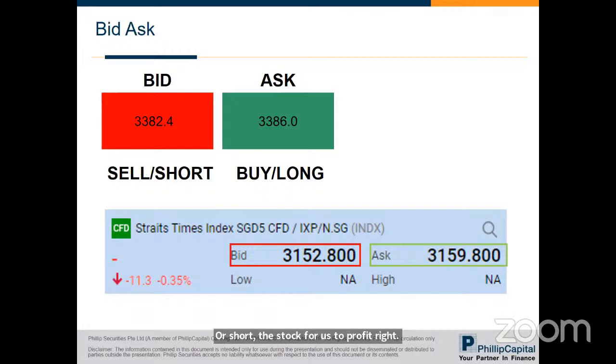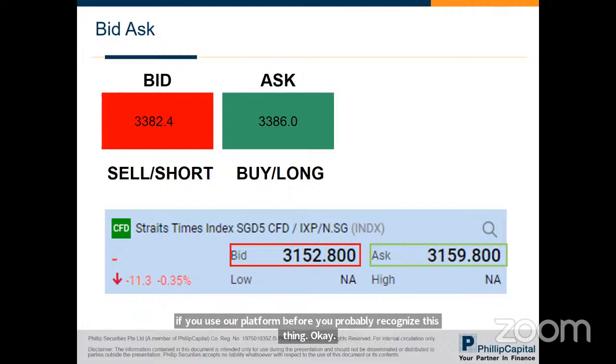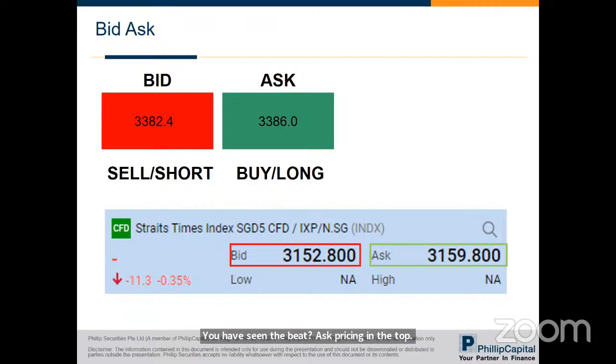For a short position, we have to look at the bid price. If you have used our platform before, you probably recognize this. You have seen the bid ask pricing shown in the bottom right on this slide. To buy, we look at the ask price, which is the green box. To sell, we look at the bid price, which is the red box.